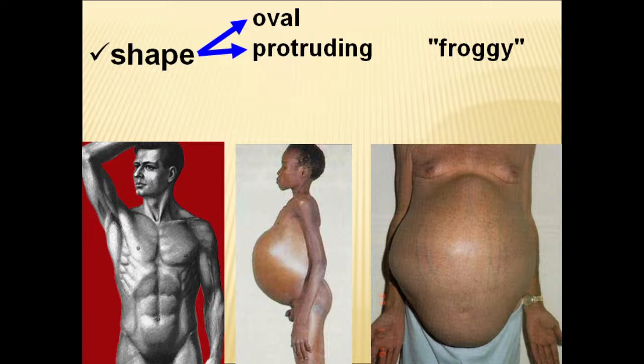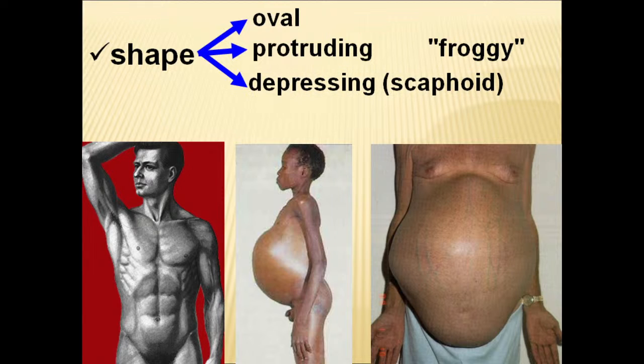To differentiate ascites and meteorism, we put our patient on the back. Liquid moves the abdomen to the side. We are talking about frog-like abdomen. The opposite problem, a depressed abdomen, scaphoid abdomen, is characteristic for patients with cachexia.